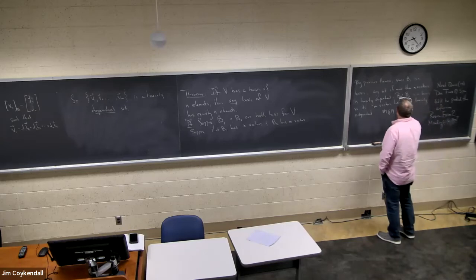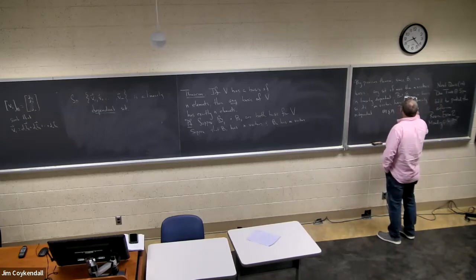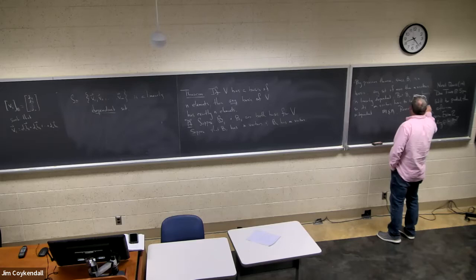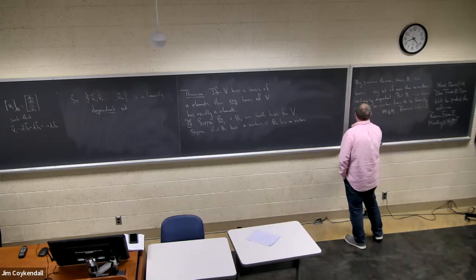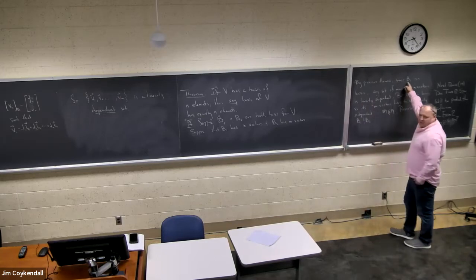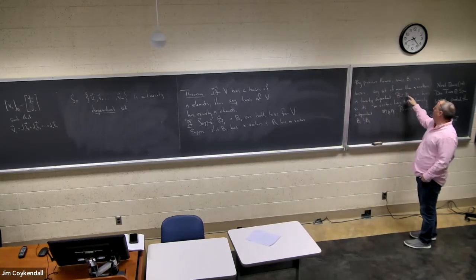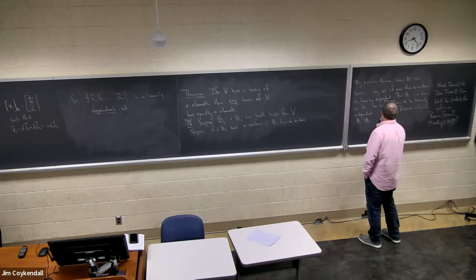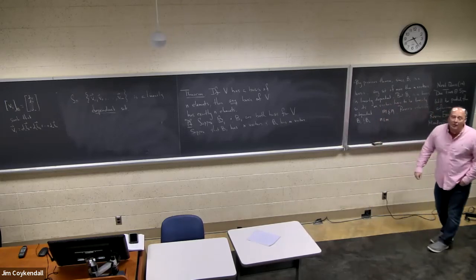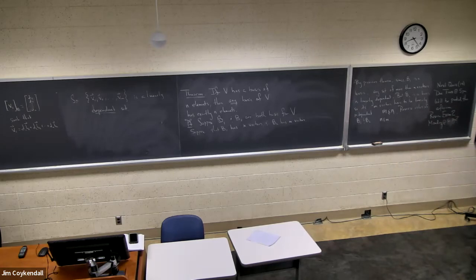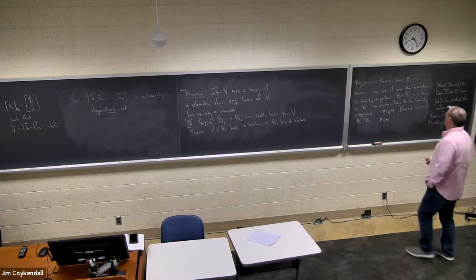Now, reverse roles of B1 and B2. Change every B1 into a B2 and every B2 into a B1, and we get n is less than or equal to m as well. I don't know much, but if I've got two integers, m is less than or equal to n, and n is less than or equal to m, what can I conclude?